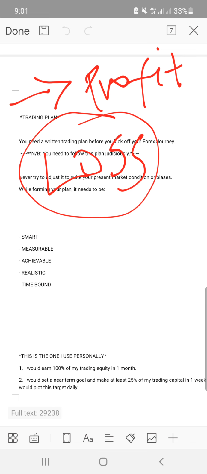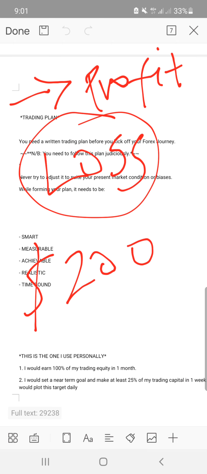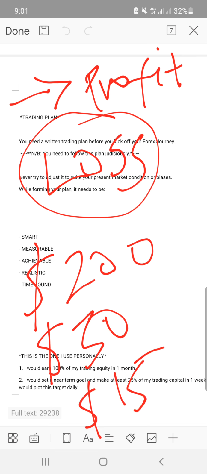So let's say I have an account of $200, and this is a small account. Let's say my daily target for this account is $30. The amount I'm willing to lose just in case the trade goes against me is $15, right?